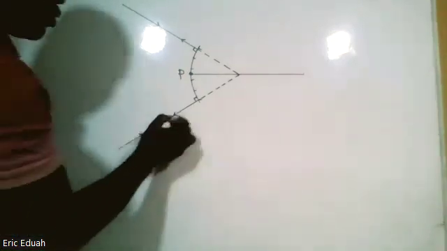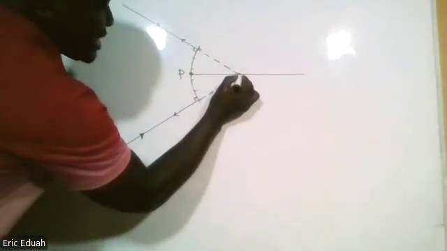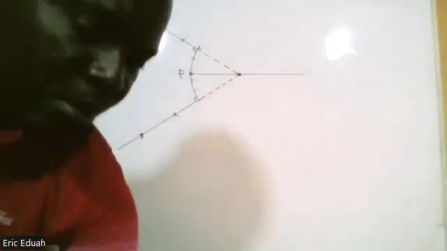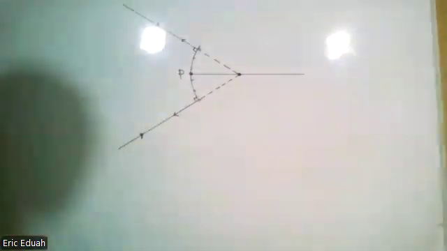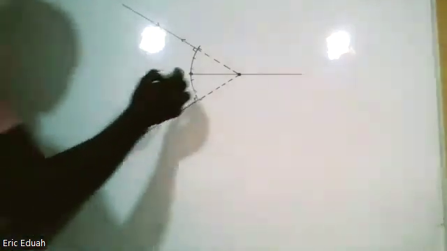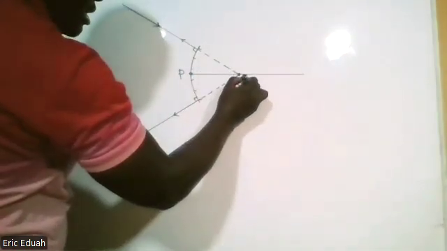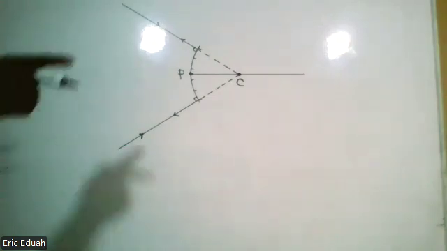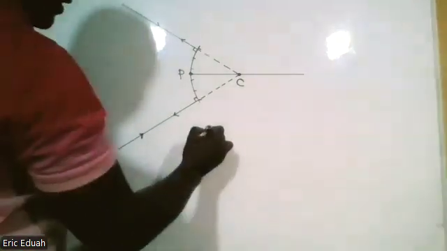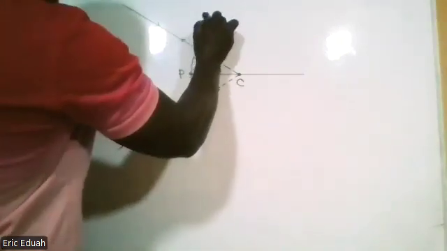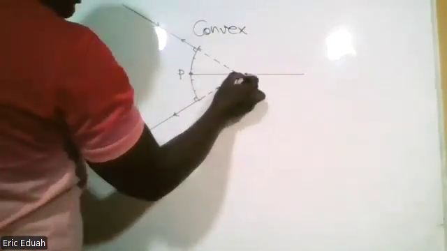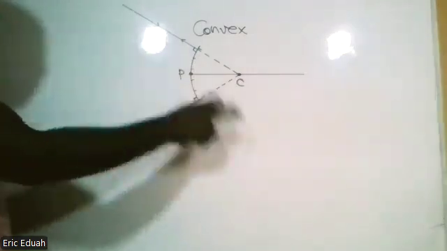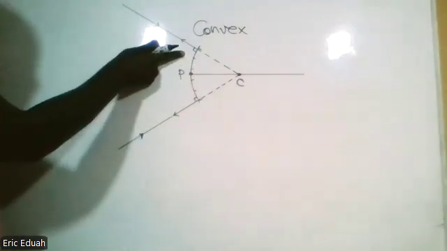So this point, where rays that hit the mirror or are incident on the mirror at 90, or normally, pass or appear to pass or converge, is the center of curvature C. This also implies that the center of curvature of a convex mirror is virtual because the rays appear to converge or pass after being incident on the mirror at 90.